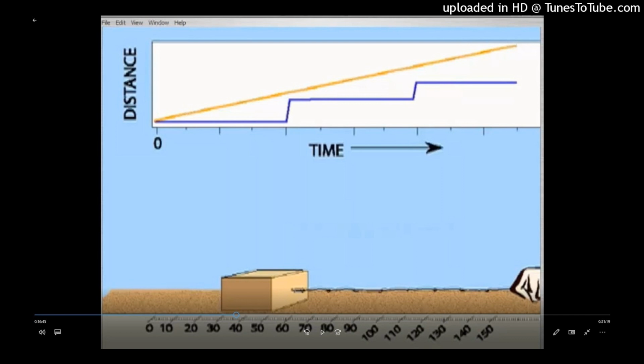Okay? So the last thing that this teaches us, and this is not my calculation, this is in the textbook by Stein and Wysession, a geophysics textbook. They show the same thing.